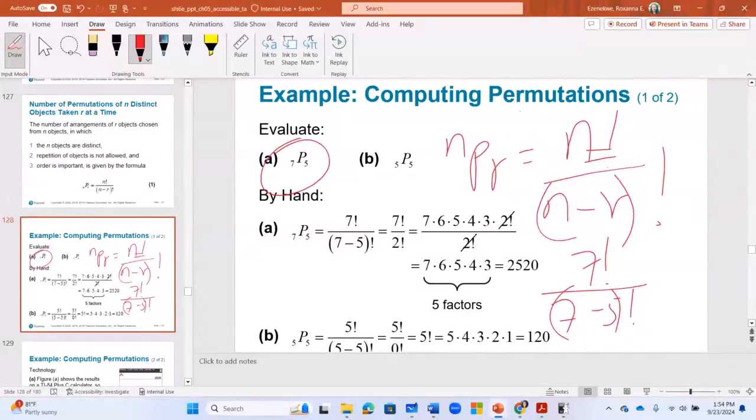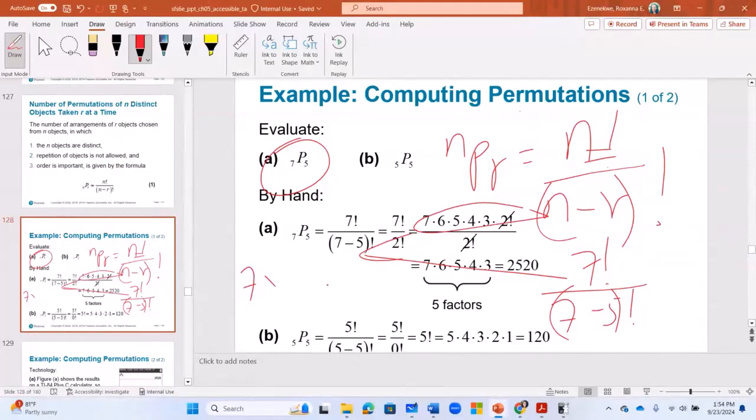I don't really have to use my calculator to do that. So you multiply the remainder after you cancel out, and then you have 2,520.